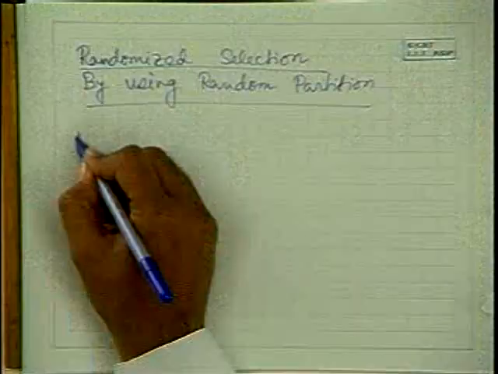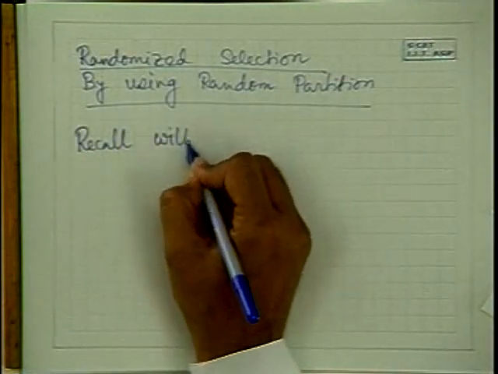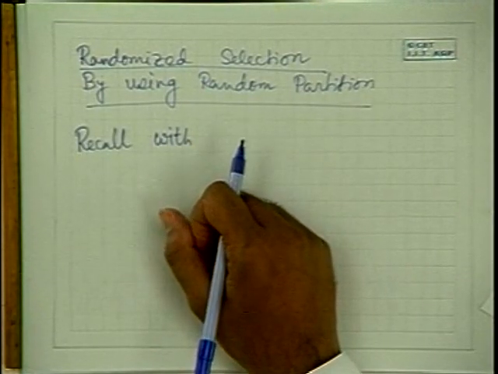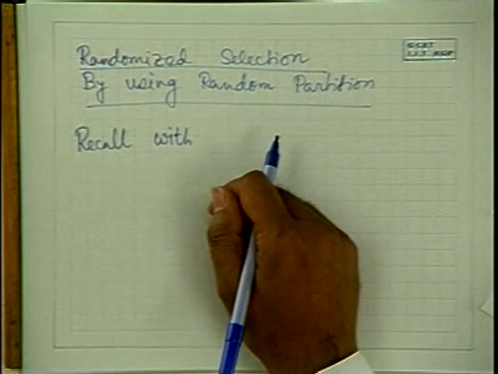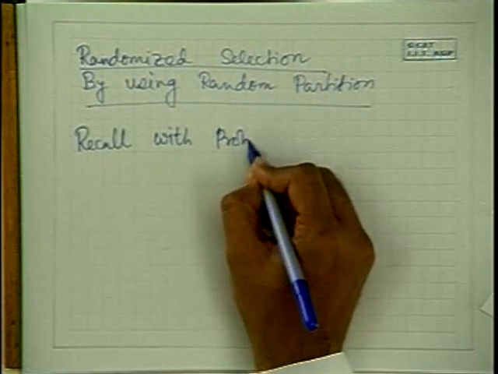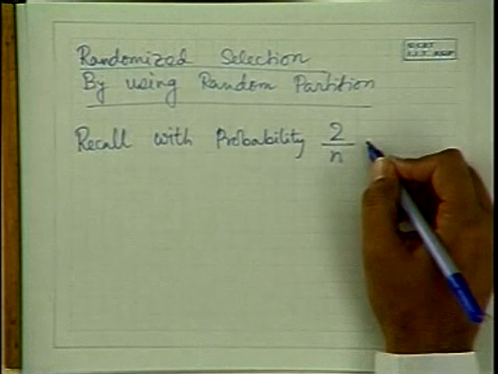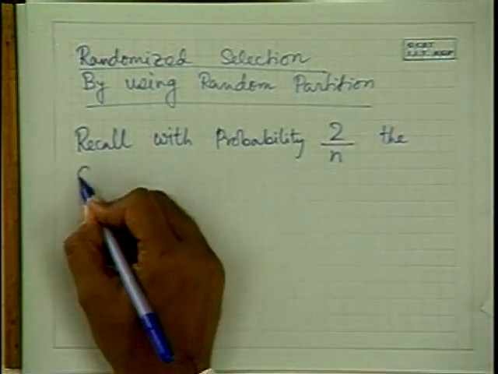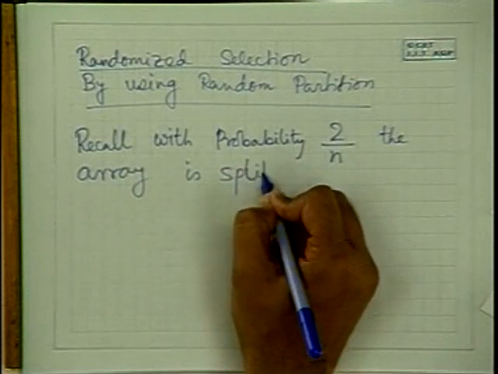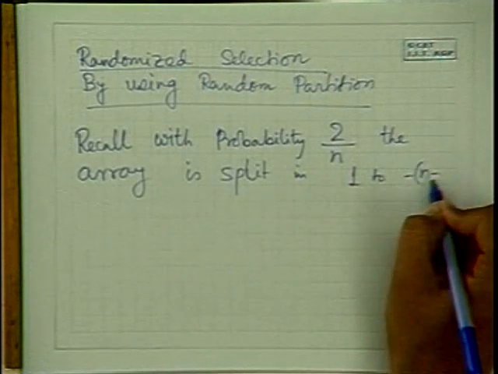So you recall, with probability, so what is the probability that 1 versus n minus 1 happens? There are n possibilities, 2 are like that. So 2 over n. So recall with probability 2 over n, the array is split in 1 to n minus 1.